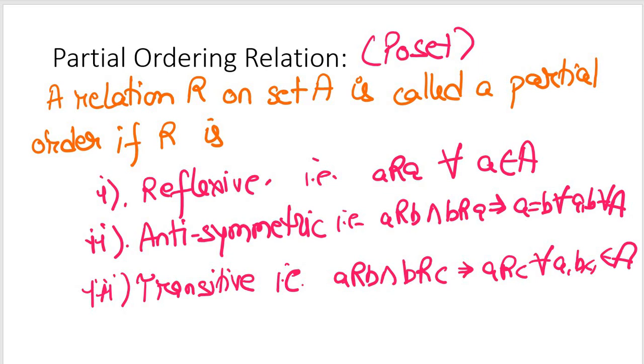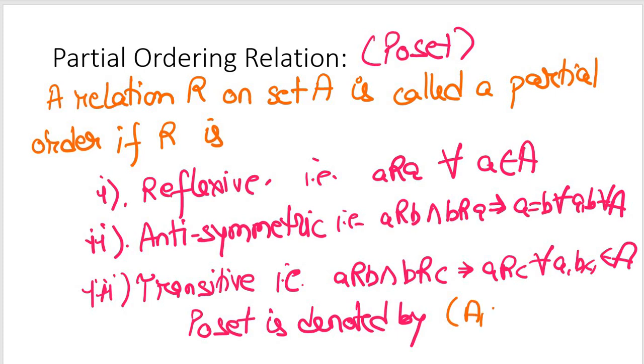Right, so this poset is denoted by A comma R. Right, so let's talk about the partial ordering notation for poset.